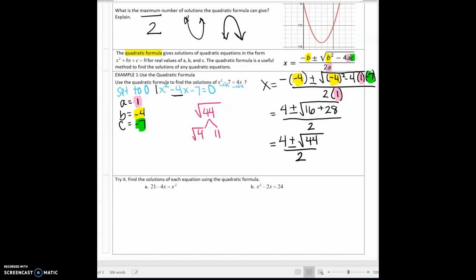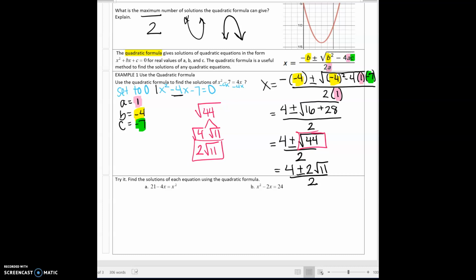And the square root of 4 is 2. So this simplified would be 2 square root 11. So I'm going to take this and replace this with that. So now I have 4 plus or minus 2 square root 11 divided by 2.